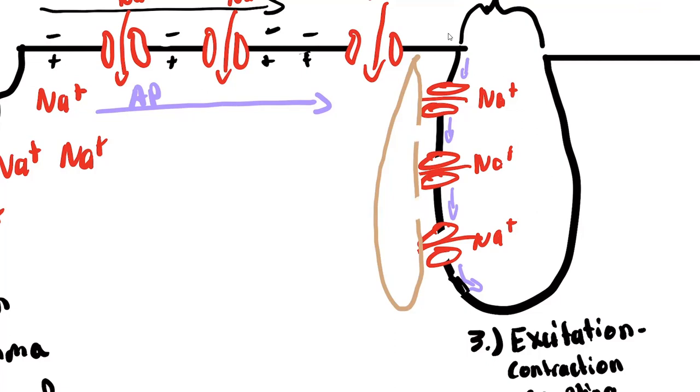The depolarization going down the T tubule allows more sodium channels to open, and sodium starts to flow in, and that's also going to cause more calcium ion channels to open.